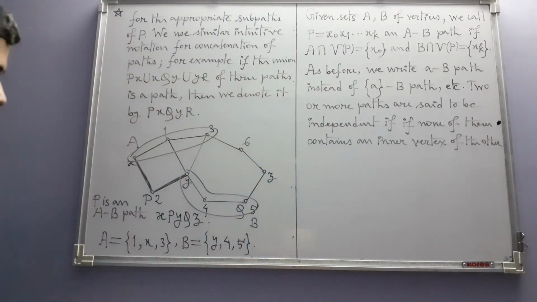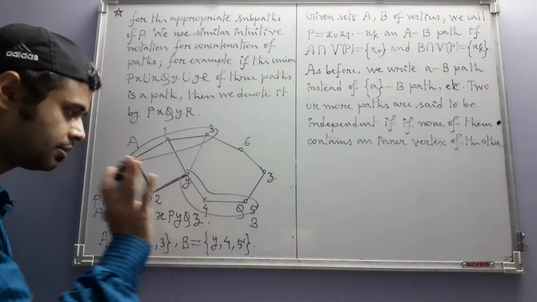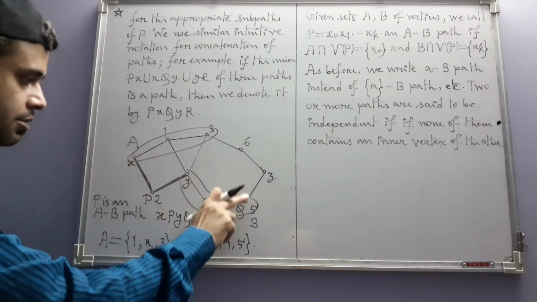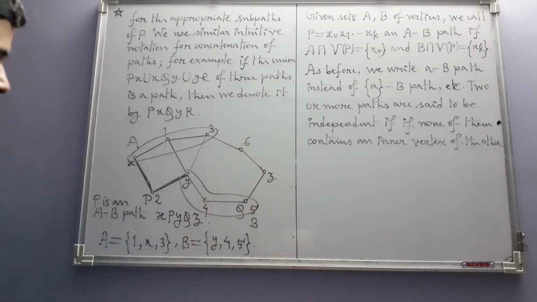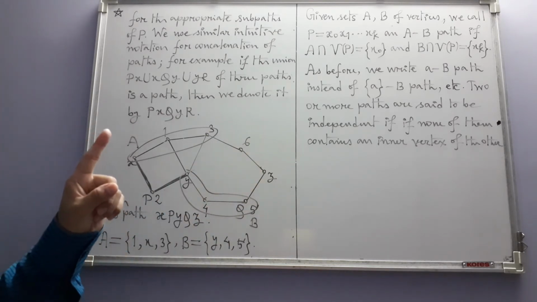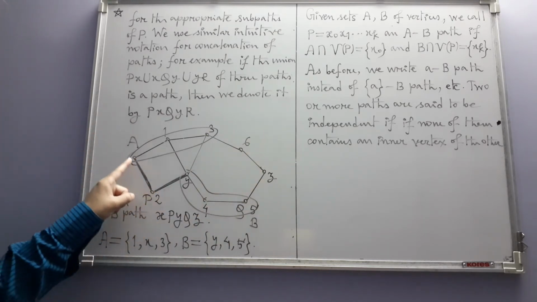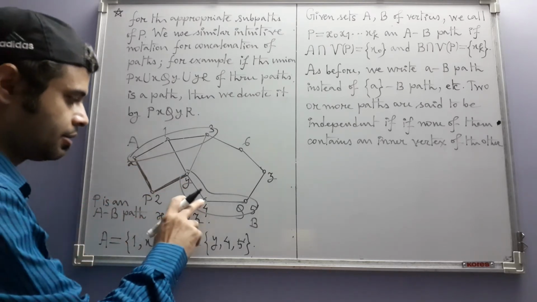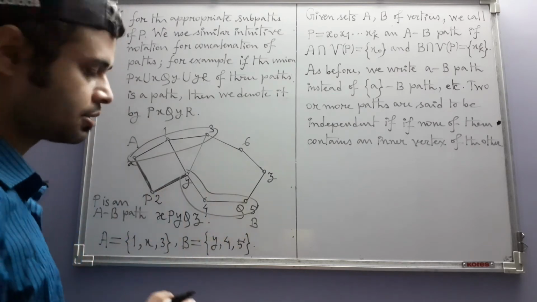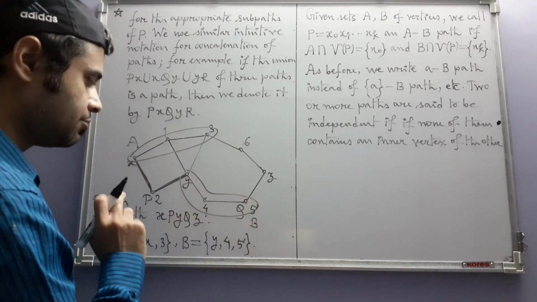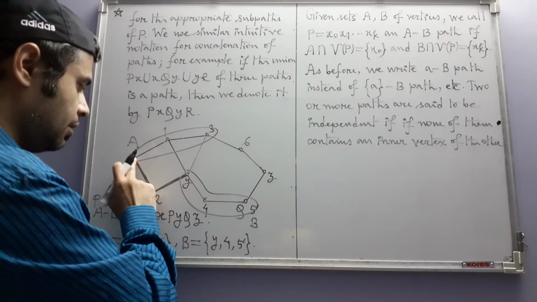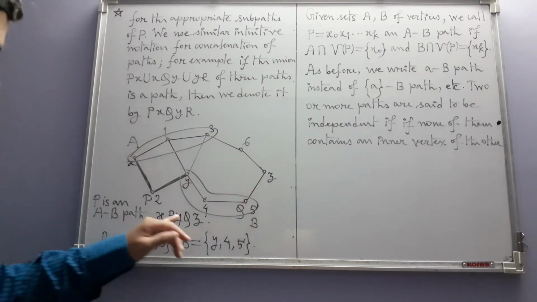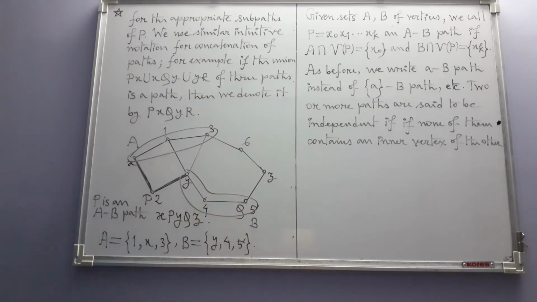In this example, paths P and Q are independent. Path P is this and Q is this. There is only one inner vertex in P, which is 2. The vertices x and y are its ends. And Q has two inner vertices, 4 and 5. Ends can be common, but inner vertices are not common. So here P and Q are independent.